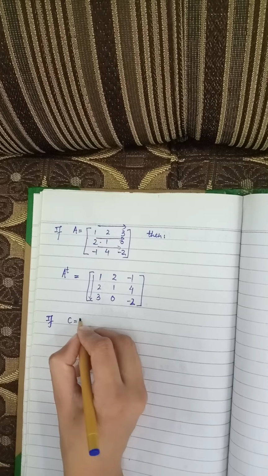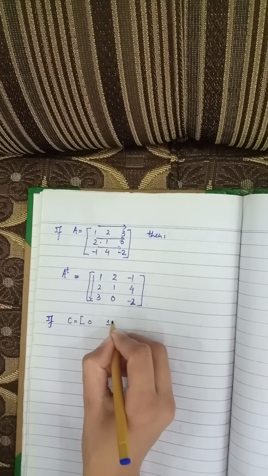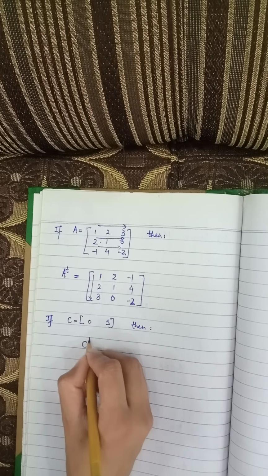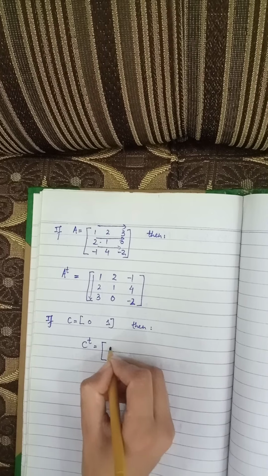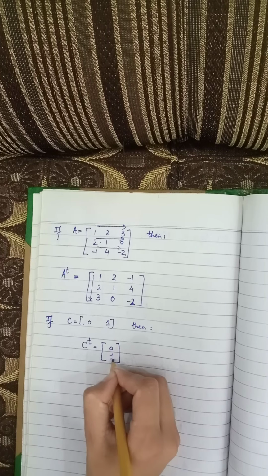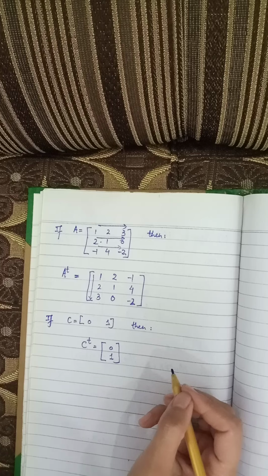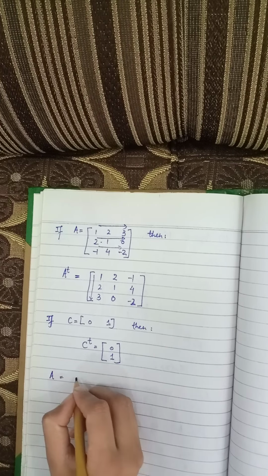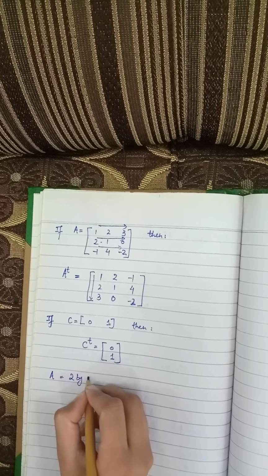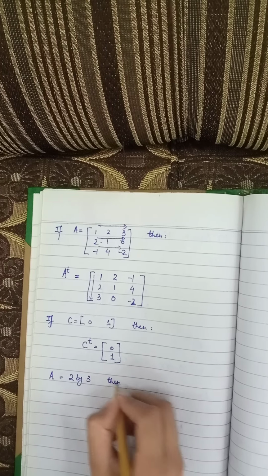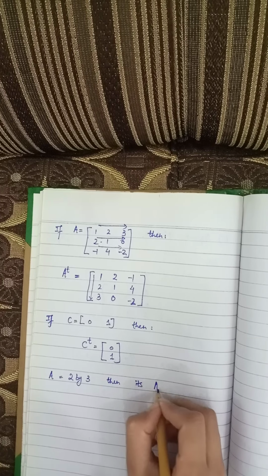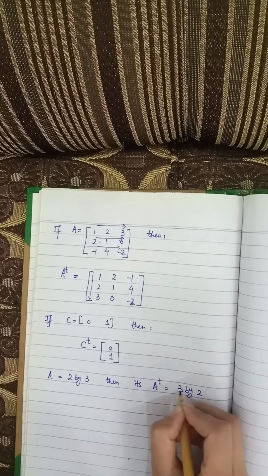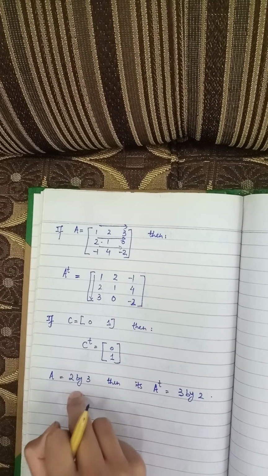If we have C equals 0, 1, then the transpose of C would be 0, 1. One thing which we keep in mind is that if a matrix has order 2 by 3, then its transpose has the order 3 by 2, completely opposite to that of the original.